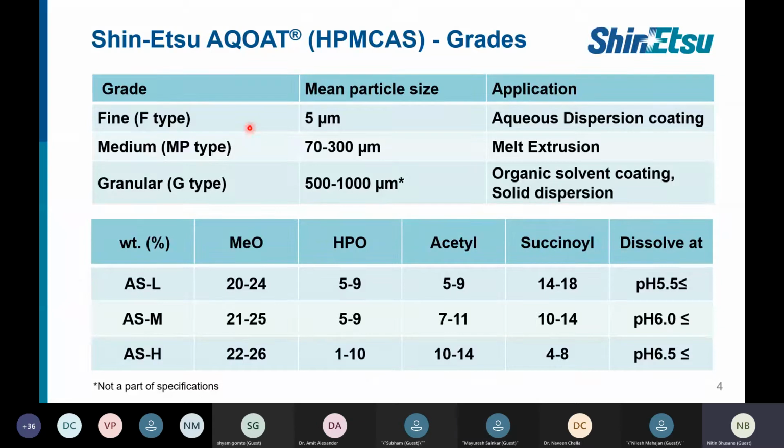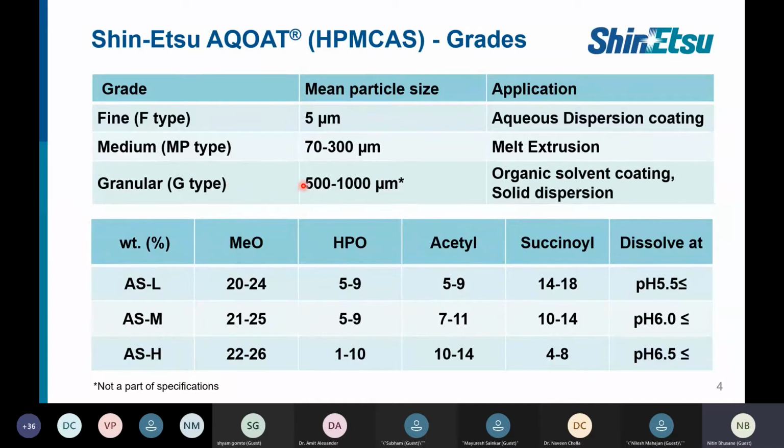F type means a fine grade with a mean particle size around 5 micron, MP type is a medium particle size of around 70 to 300 micron, and G is the granular grade with a mean particle size around 500 to 1000 micron.